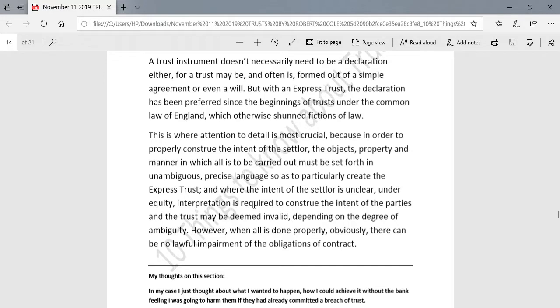Where the intent of the settlor is unclear, under equity, interpretation is required to construe the intent of the parties, and the trust may be deemed invalid, depending on the degree of ambiguity. However, when all is done properly, obviously there can be no lawful impairment of the obligation of contract.